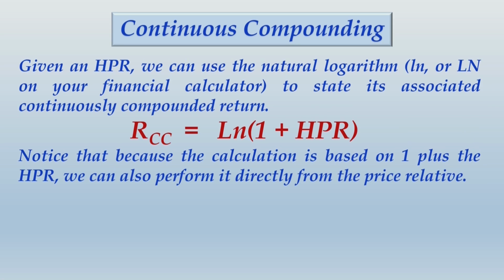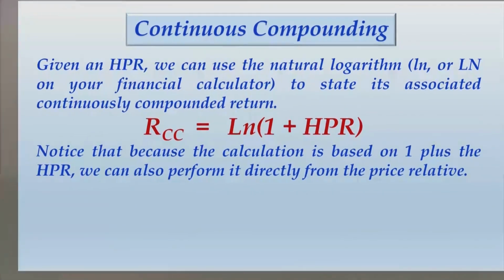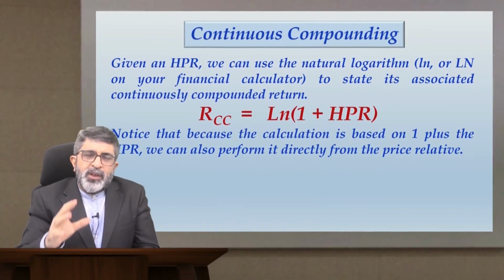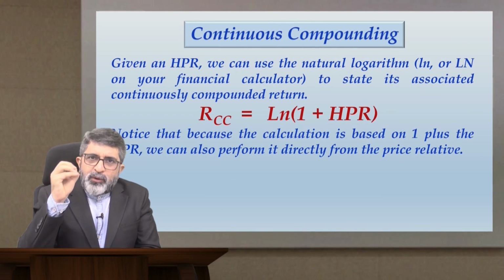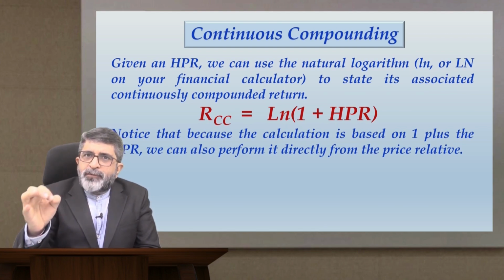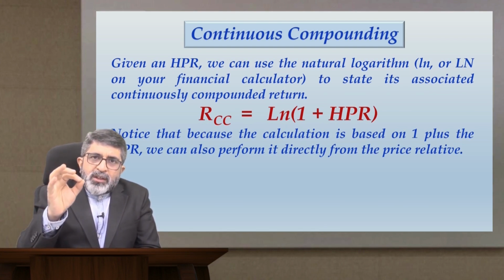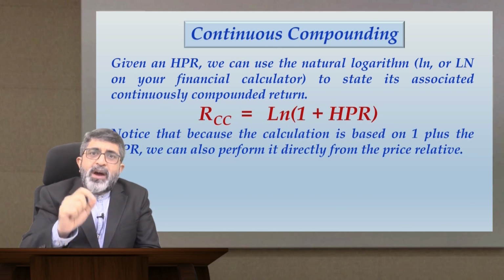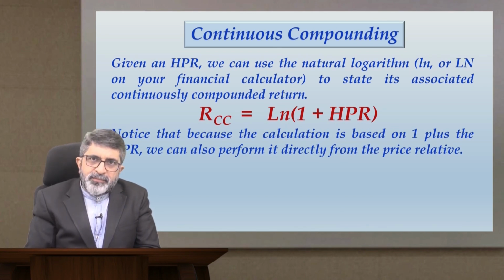Now what is price relative? Let me explain this to you before you start writing. See, imagine that you are investing $100 right now, and by the end of the holding period, the value is $120.